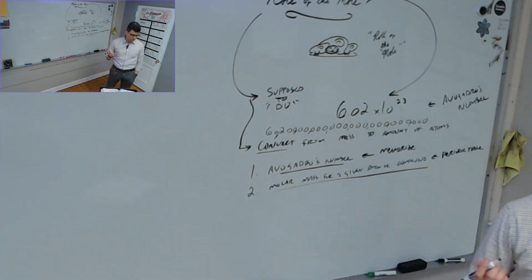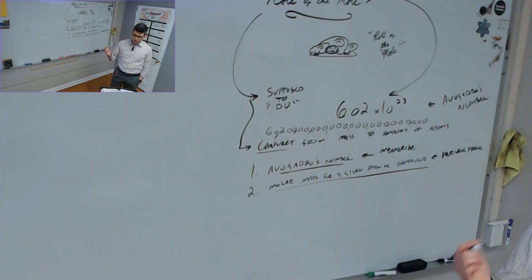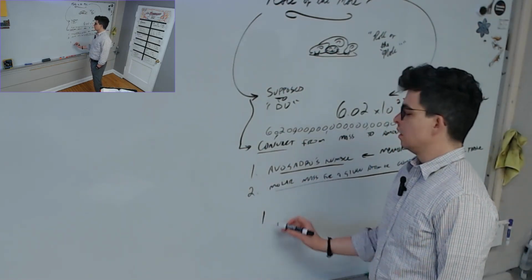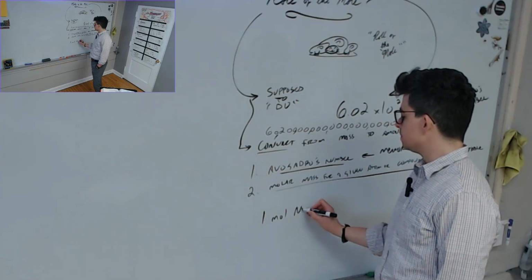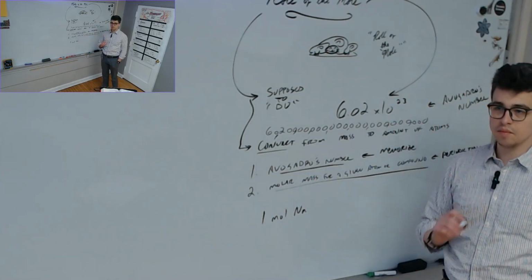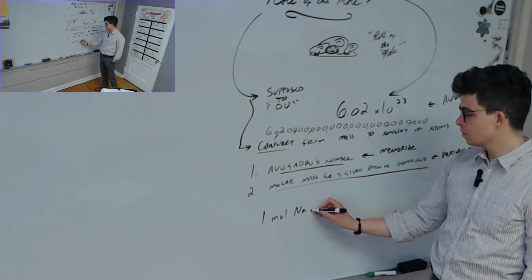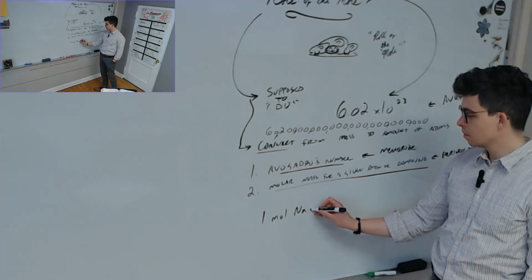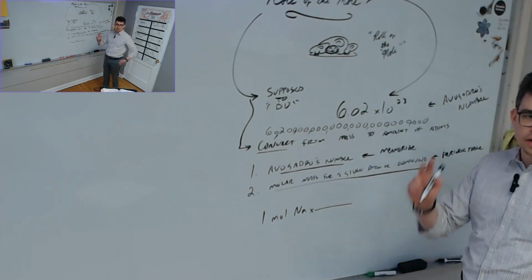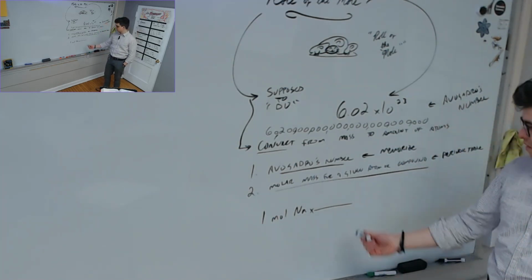So let's do our sodium one. Let's say we have 1 mole of sodium atoms. It's a conversion, so what would my next step be? Multiply by a conversion bar. What do I want to eliminate? What do I want to get rid of?